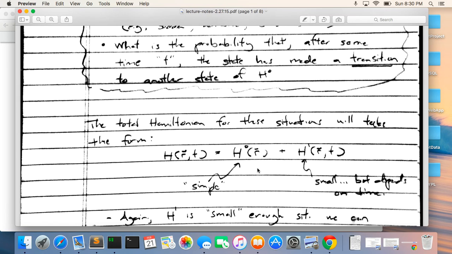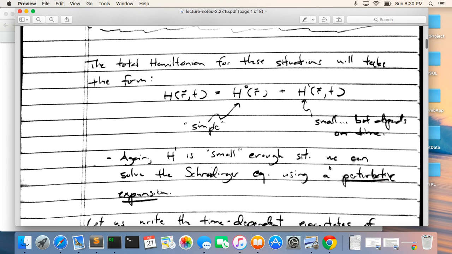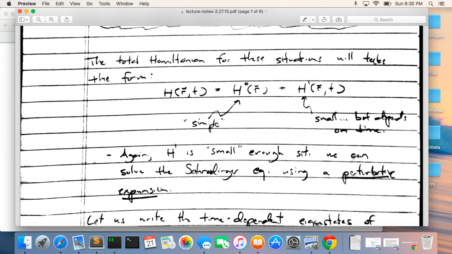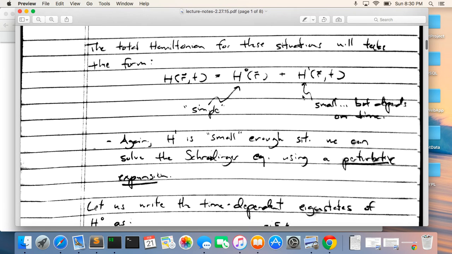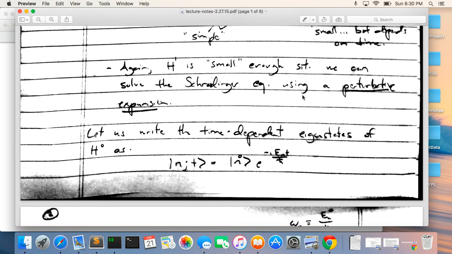And we're going to assume, for simplicity, that all the time dependence in the Hamiltonian is coming from the perturbation part. And so again, H1, or H prime, the perturbation Hamiltonian, is small enough that we can use a perturbative expansion.